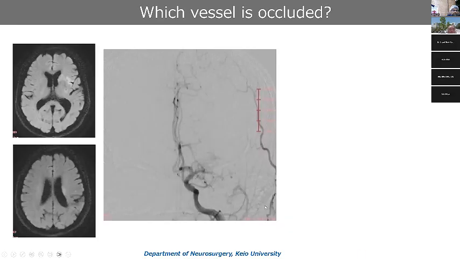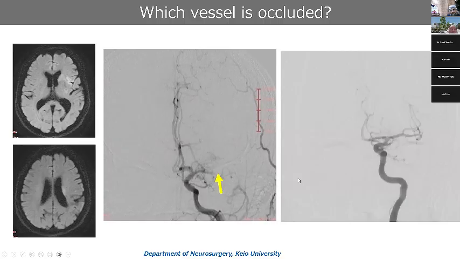So we move to the next case. Which vessel is occluded? Which is very easy. You can see that the MCA is occluded here, so the M1 occlusion. And this patient recovered after thrombectomy of the M1 thrombus.